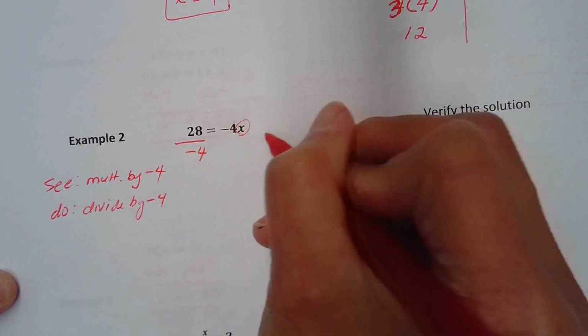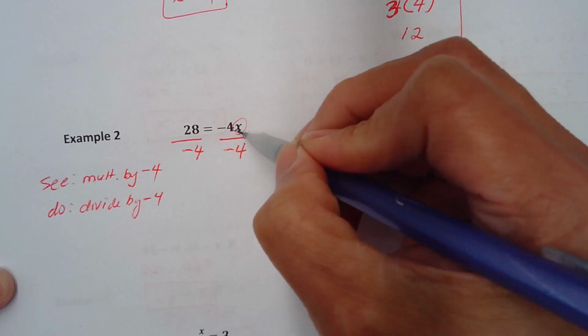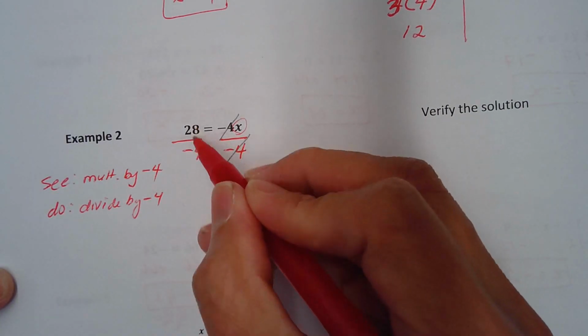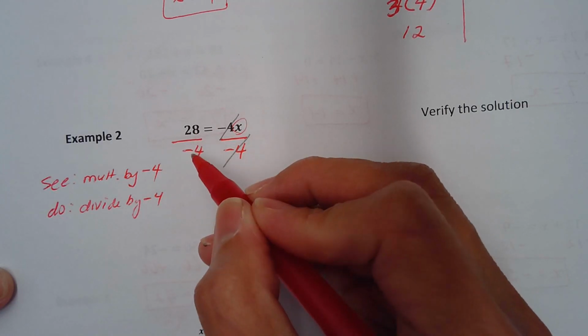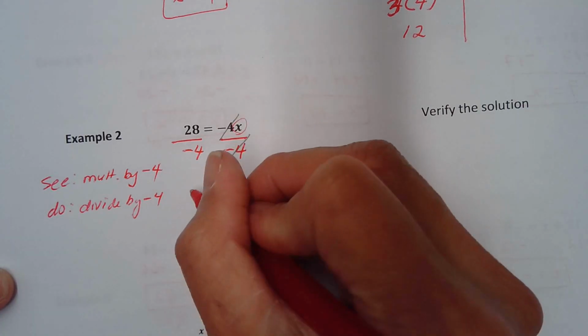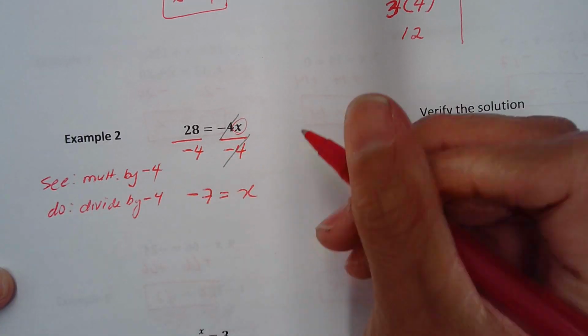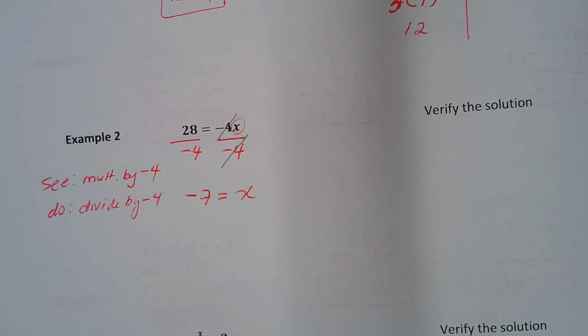Divide by negative 4. So that negative 4 divided by negative 4 cancels. So, okay, almost. Okay, 28 divided by negative 4 is negative 7 equals x. Yeah, so if somebody wrote down negative 7 equals to x, that's perfect. If somebody wrote down x is equals to negative 7, that's the same.